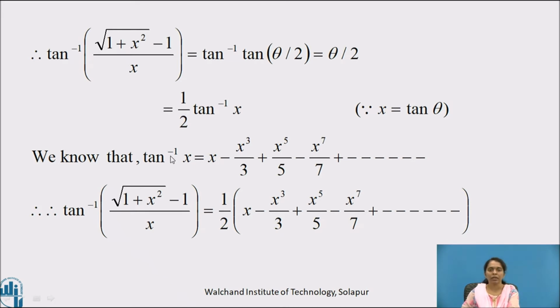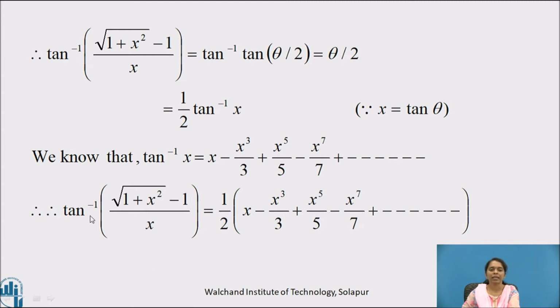But we know that the representation of tan inverse of x in the expanded series form is x minus x cube by 3 plus x raised to 5 by 5 minus x raised to 7 by 7 plus and so on.